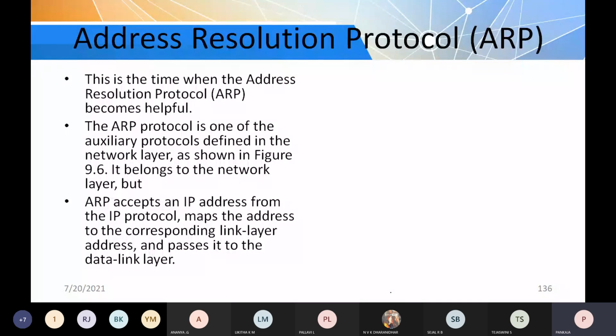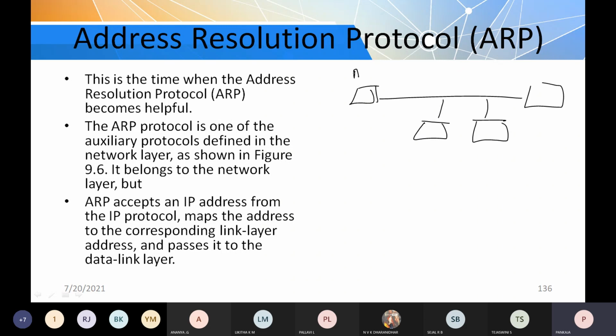So today we'll move on to one more very important protocol, called Address Resolution Protocol. Whenever communication is required between devices in the network, consider that not only one device is connected, maybe a set of devices are connected.